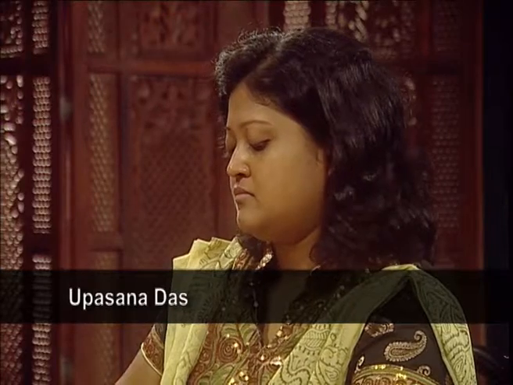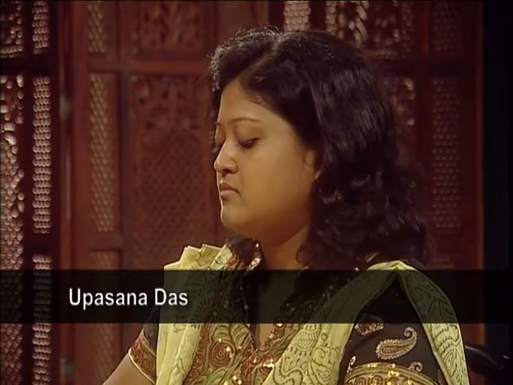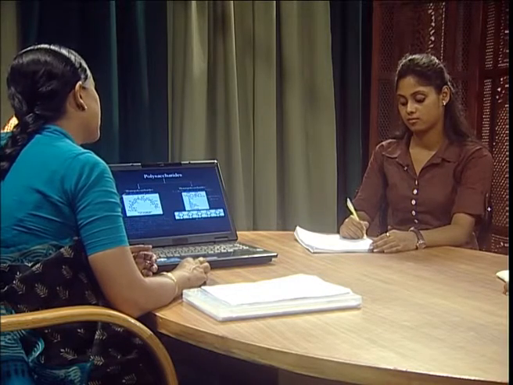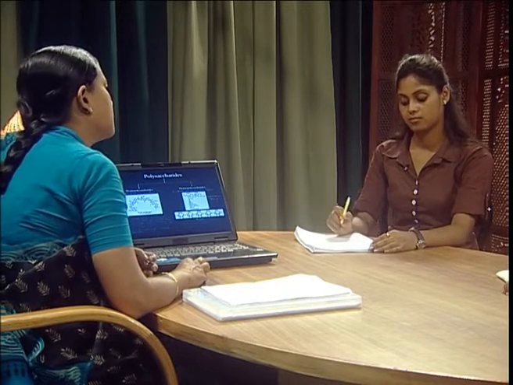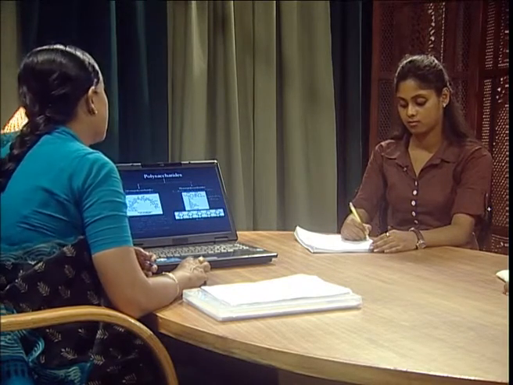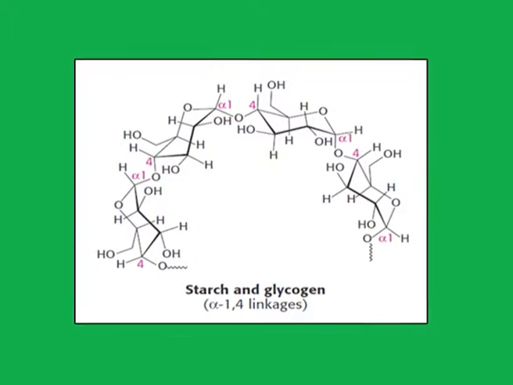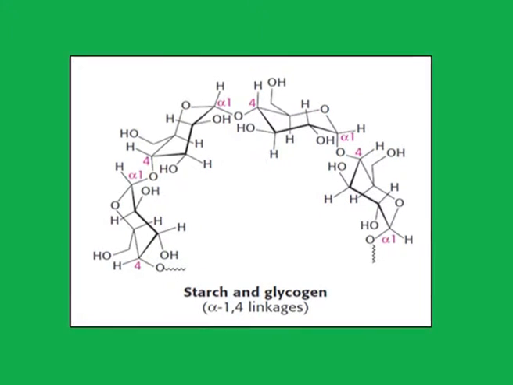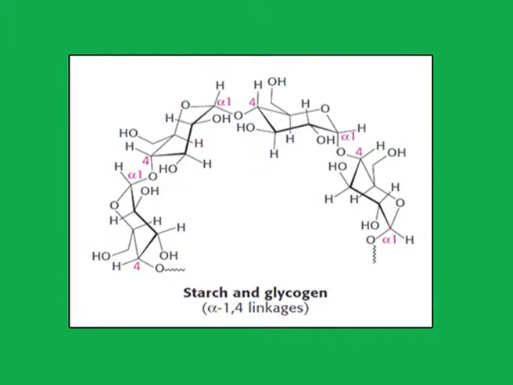The homopolysaccharides or heteropolysaccharides can be classified again as energy reserves or structural parts. Homopolysaccharides are starch and glycogen. These two are the storage forms of glucose in the cell. Starch is the storage form of glucose in plant cells, and glycogen is the storage form of glucose in animal cells.